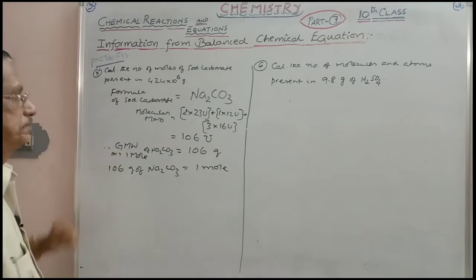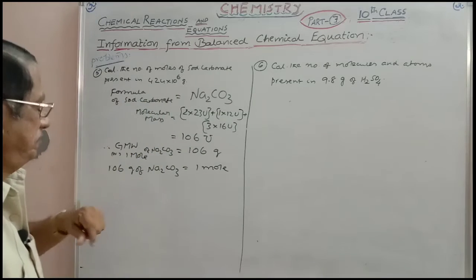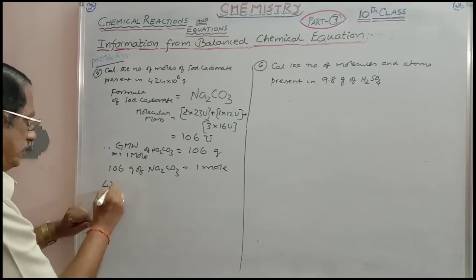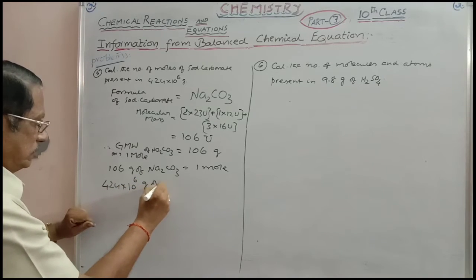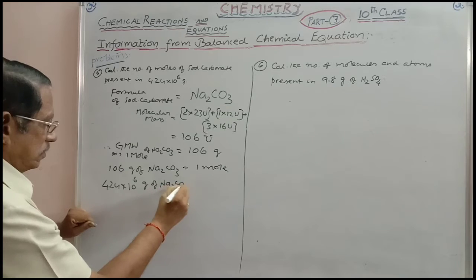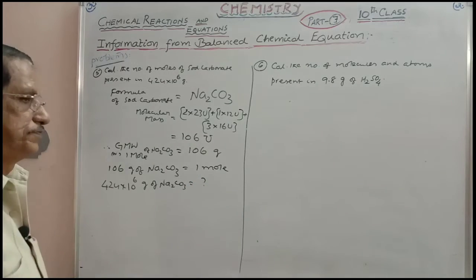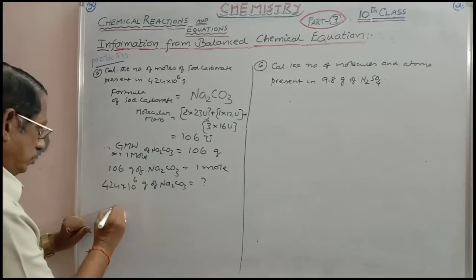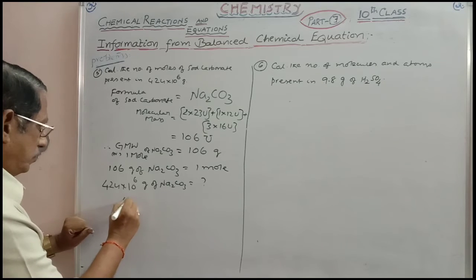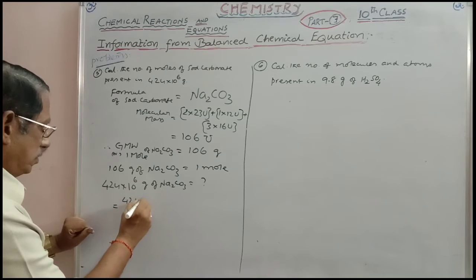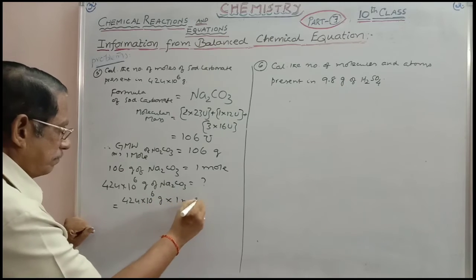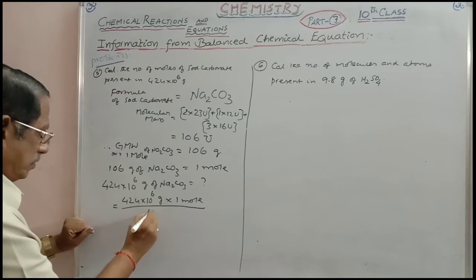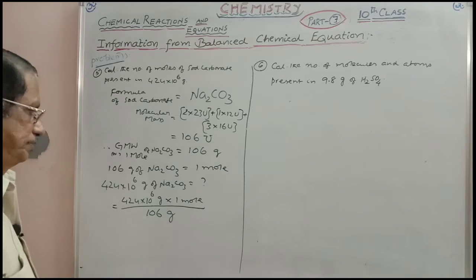This is the calculation. How much is given here? 424 into 10 to the power 6 grams of sodium carbonate is equal to how many moles? So this is equal to 424 into 10 to the power 6 grams into 1 mole by 106 grams.